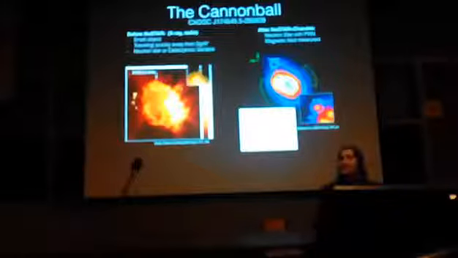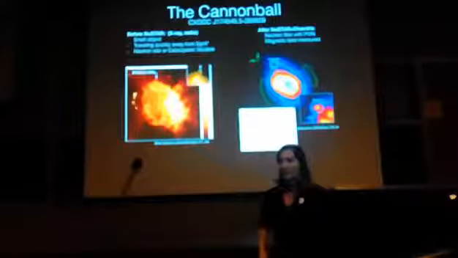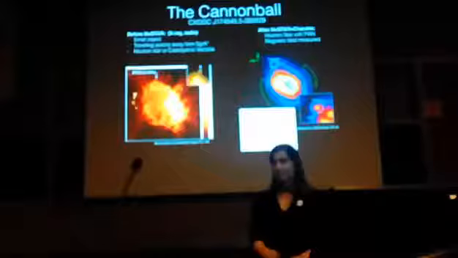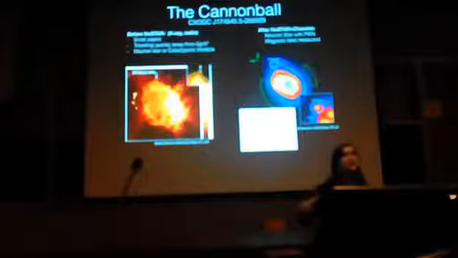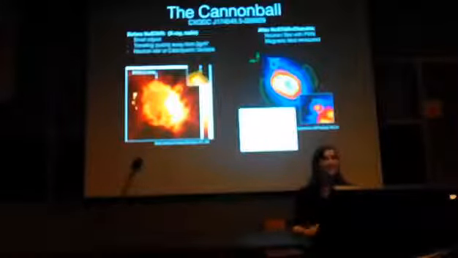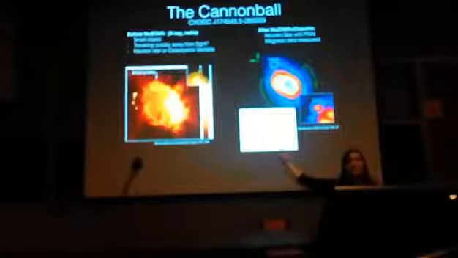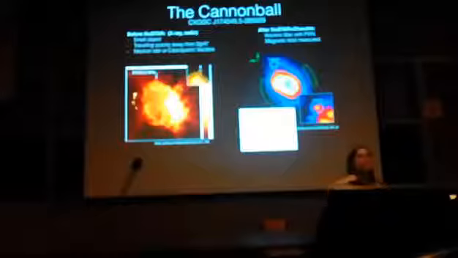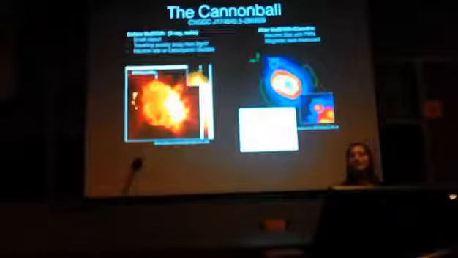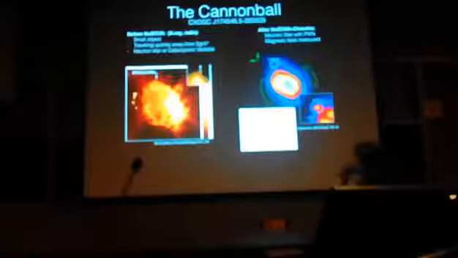So one of these papers that I started to look at is something called the Cannonball. So this is the center of our galaxy. This is our home. On the big orange picture over there is a radio image of the center of our galaxy.